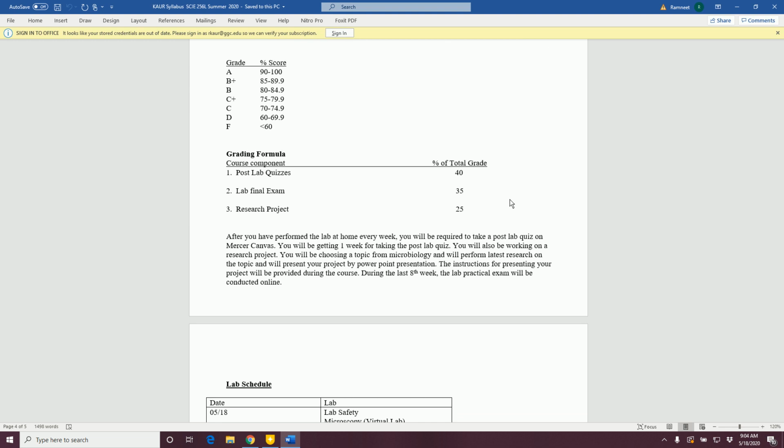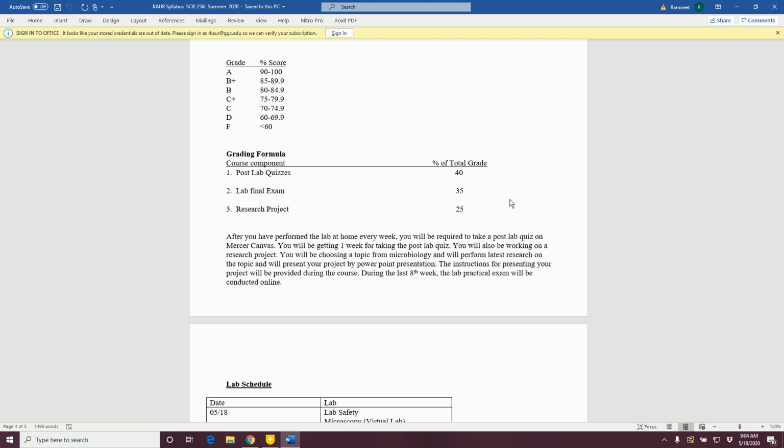So you need to take some precautions. You need to make sure that no child comes near that area, no pet comes near that area, and you have to wear protective things like your apron, gloves and goggles, and everything will be provided in the kit. So you have to take these precautions.